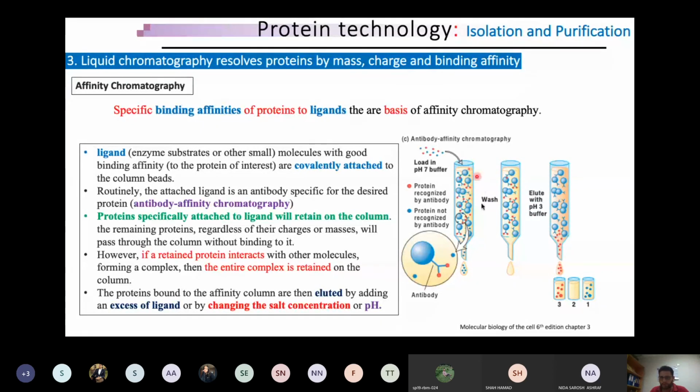You have those ligands bound to that column, so you could covalently bind those columns with ligand molecules. It could be an antibody, it could be a specific calcium molecule.